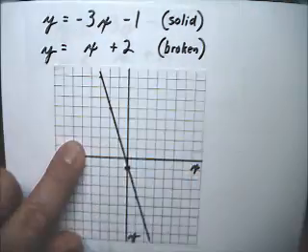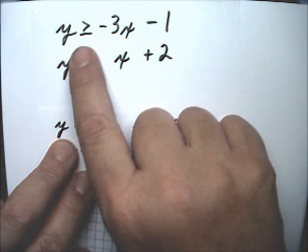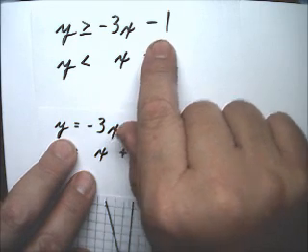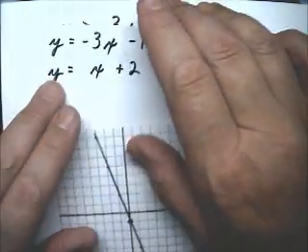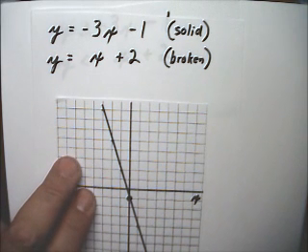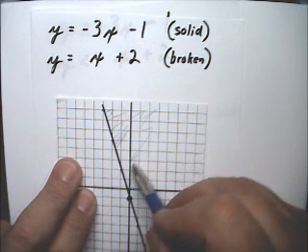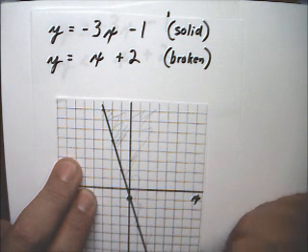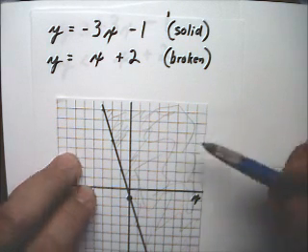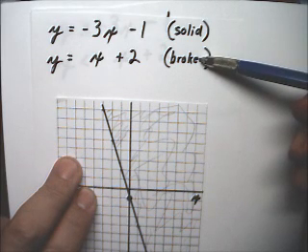When I substitute 0, 0 into this equation, I get 0 is greater than or equal to negative 1. And that's true, so that means the solution is everything on this side of this line. I'm just going to shade very lightly, not too dark, because our solution has to also include this.